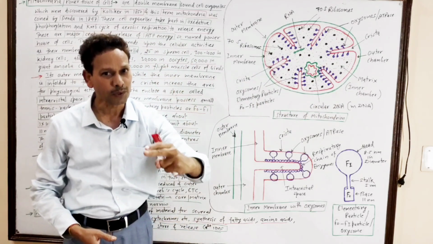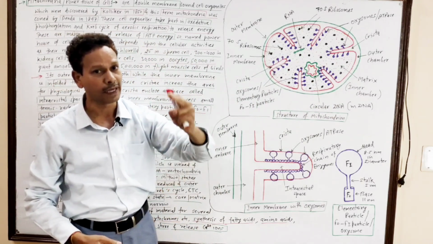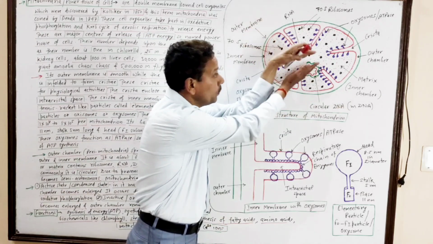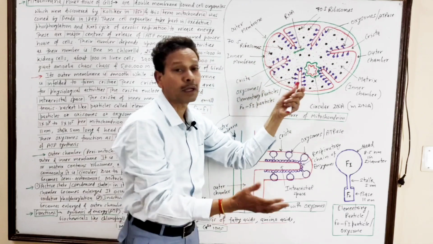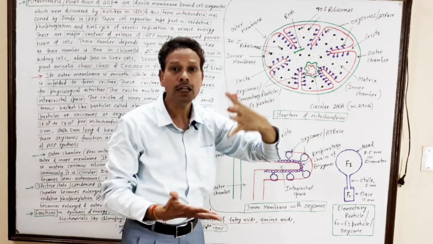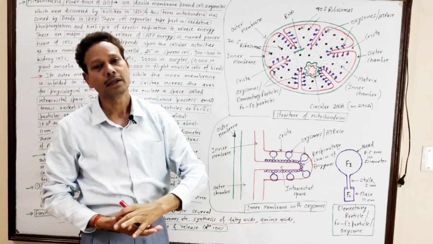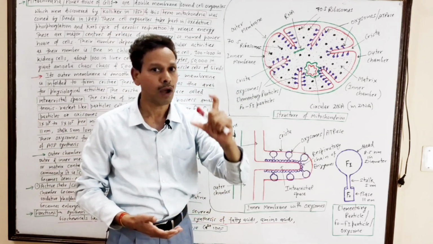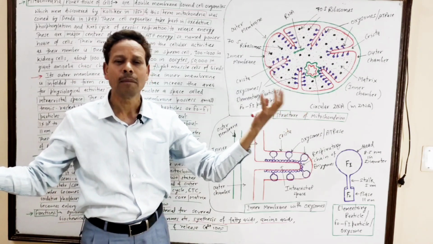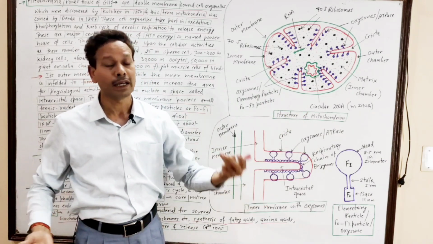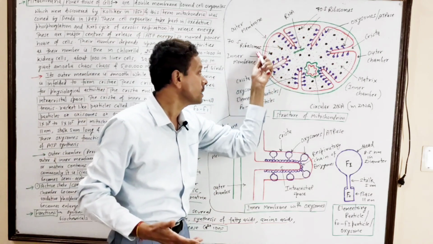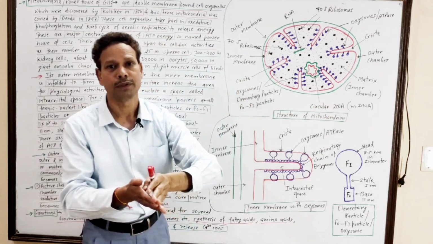Two states of mitochondria: one is active, the condensed state. At that time this matrix becomes reduced but this outer chamber becomes enlarged, and that active state appears during the Krebs cycle and oxidative phosphorylation. But when the mitochondria becomes inactive, at that time this matrix becomes enlarged and this outer chamber gets reduced.